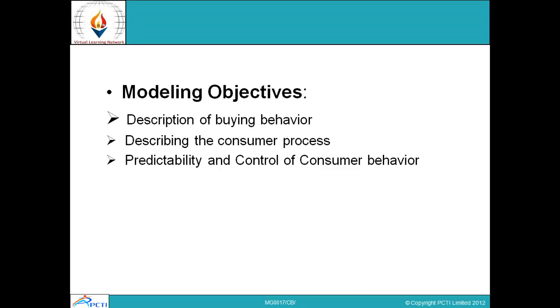The first part talks about description of buying behavior. Friends, when I say description of buying behavior, what do you understand? There are certain descriptions about a customer. Before buying, what comes to his mind? Description of buying behavior focuses upon various constructs which play a key role in the buying process and behavior.